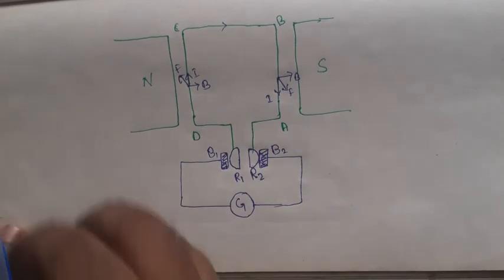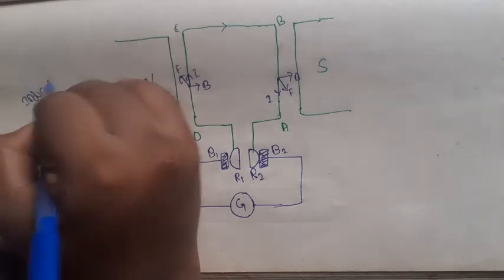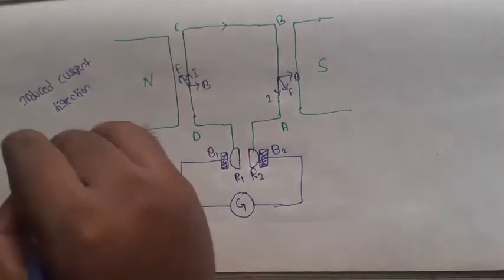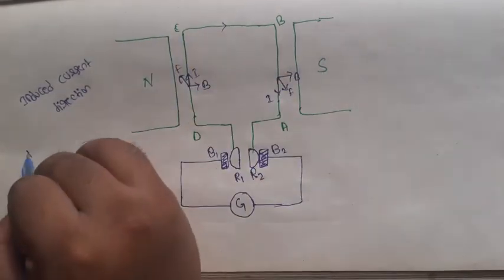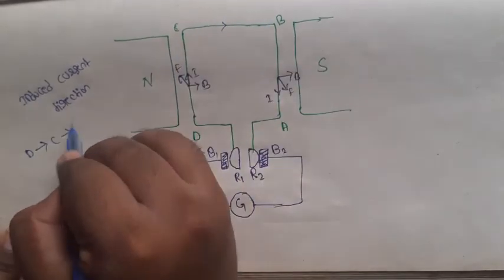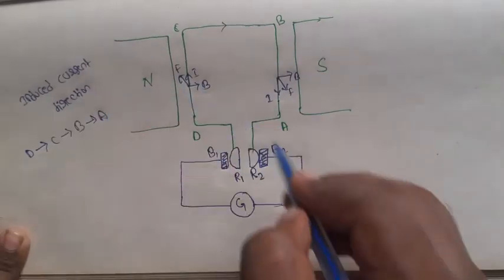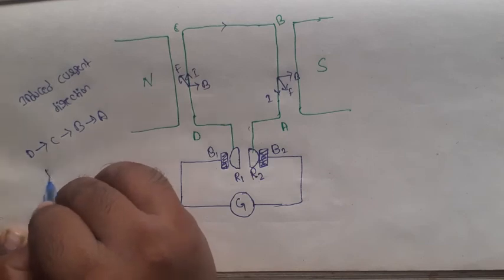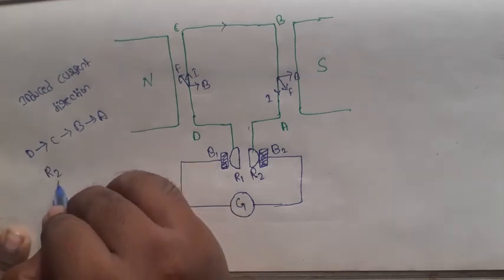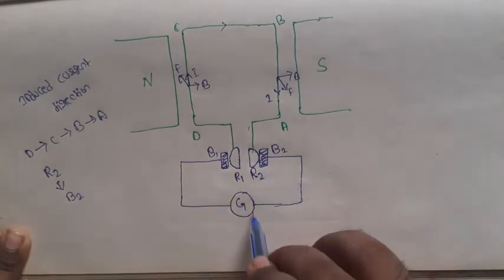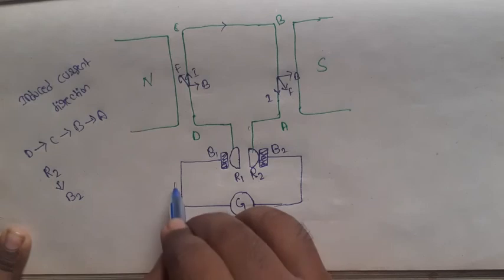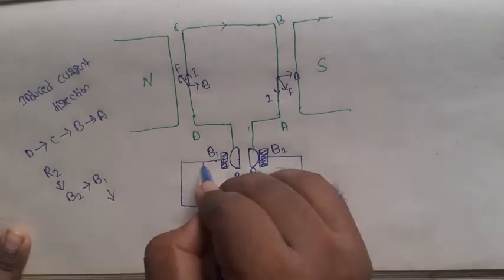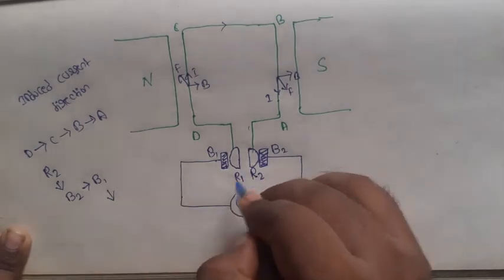So after half revolution, the induced current direction is D to C, C to B, B to A. After it reaches split ring R2, from R2 to brush B2, to the galvanometer, galvanometer to brush B1, B1 to split ring R1.